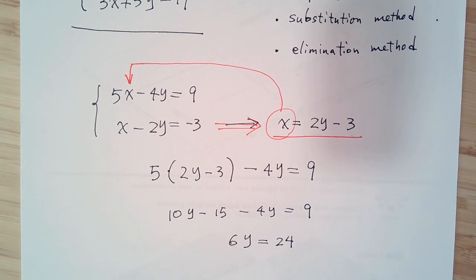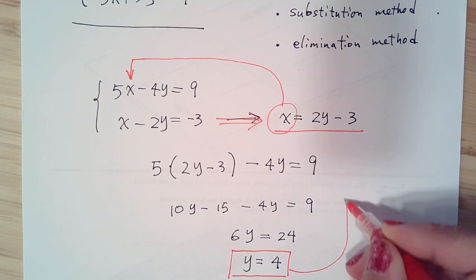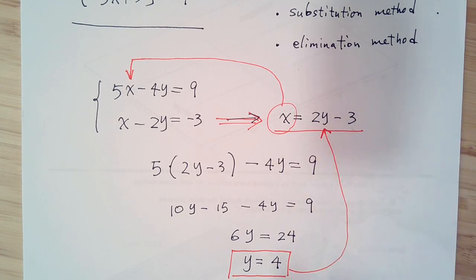Okay, and then I find y equals 24 divided by 6, which is 4. So I get y is 4, but not done yet. I need to find x. The good thing using substitution method is once you have this y value, you substitute back to here, then you can get x.